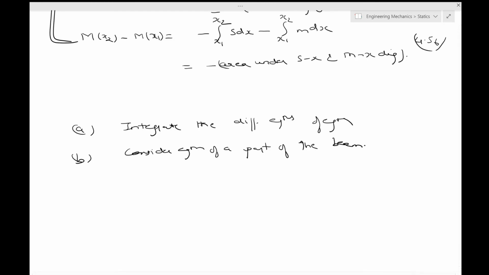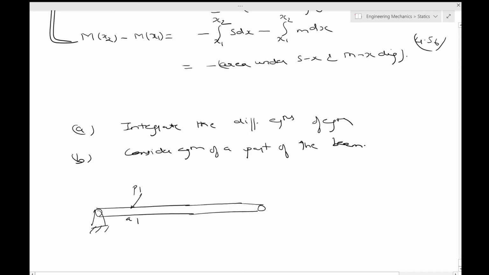Just as a case, if you have a beam like this, and at A1 you have P acting, then you have A2, A3, A4, A5.